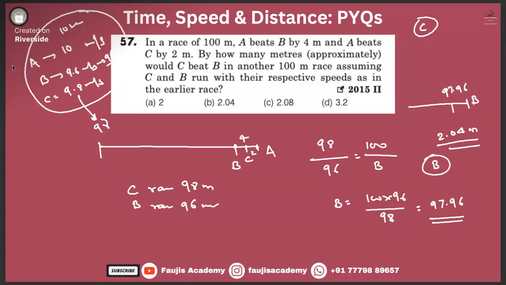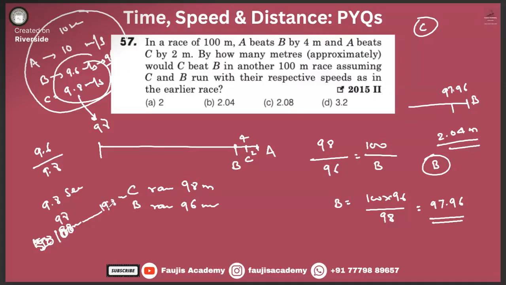But the problem is that you will again work out with these numbers, 9.6 and 9.8. Let's write first, 98 meters, he ran in 10 seconds.